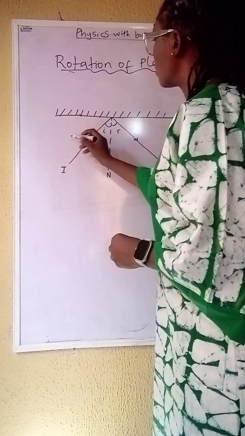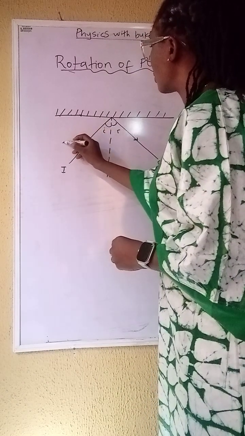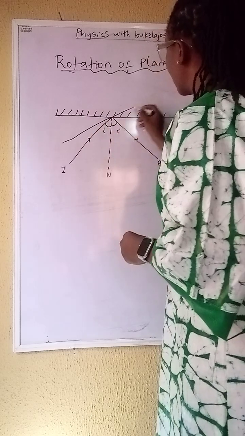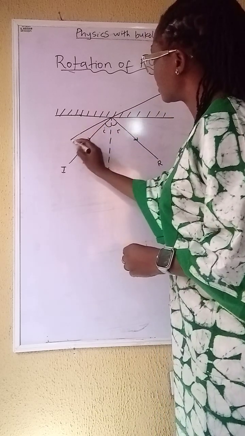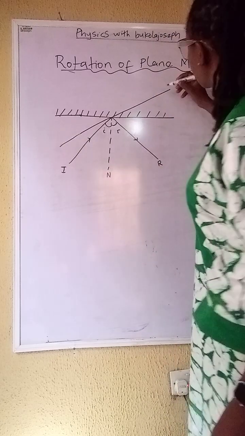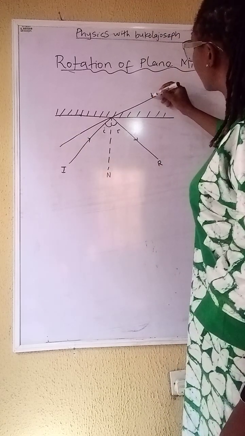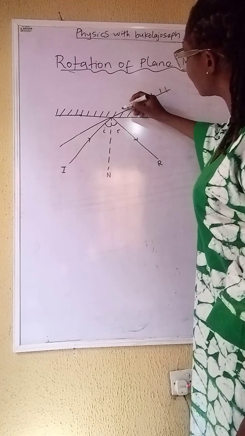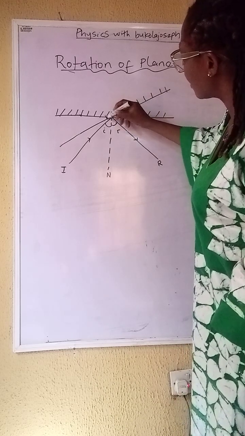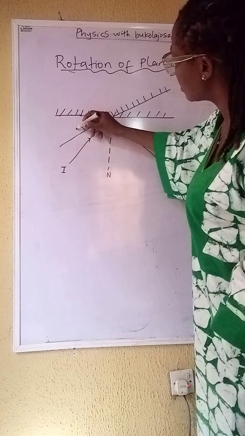So if we tilt or rotate this mirror like this, this is our mirror. It has been rotated through an angle. Let's assume you are not seeing the old one, and then we rotated the mirror through an angle.